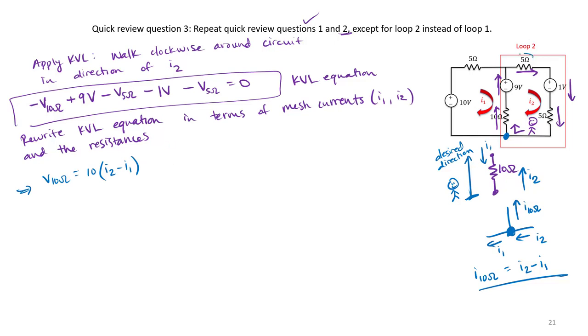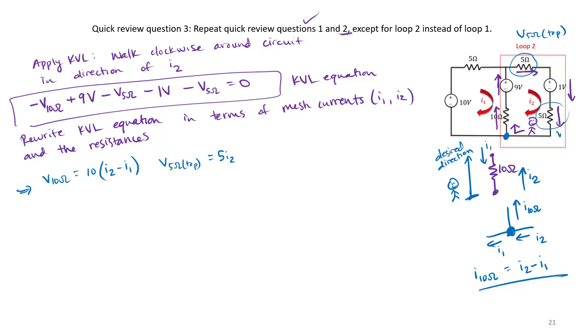We need to find the voltage across that 5 ohm resistor next. So the top 5 ohm resistor, well, that one only has current I2 going through it. Notice current I1 is not passing through that part of the circuit, so we just give it 5I2.